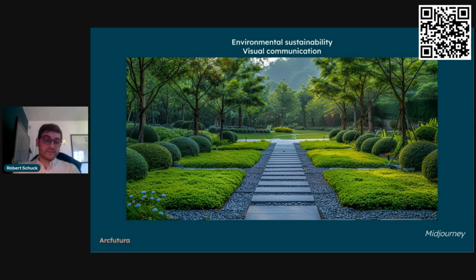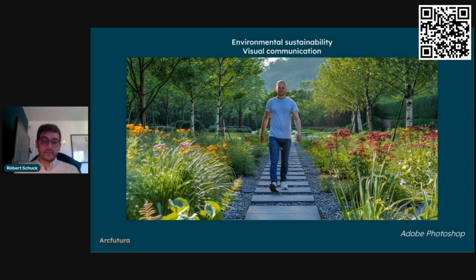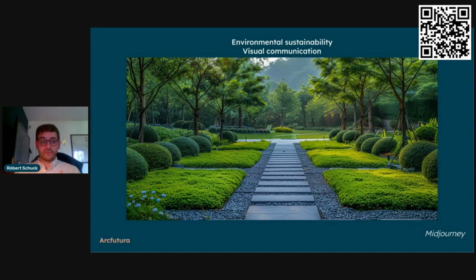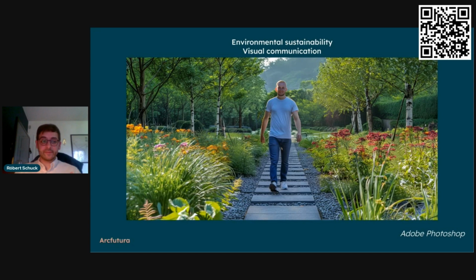So when you get a dull rendering like this, you can also use the new generative AI features of Adobe Photoshop to make your images sell in more sustainability and biodiversity. This image is far from perfect, but it only took me 3 minutes to transform this into this. So it has a huge potential in saving time and energy.